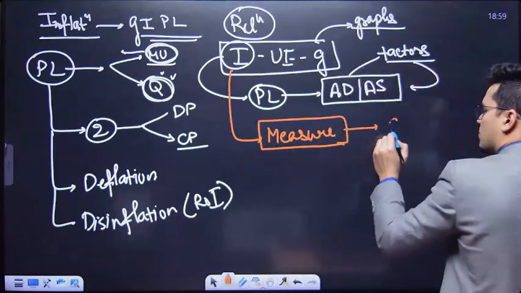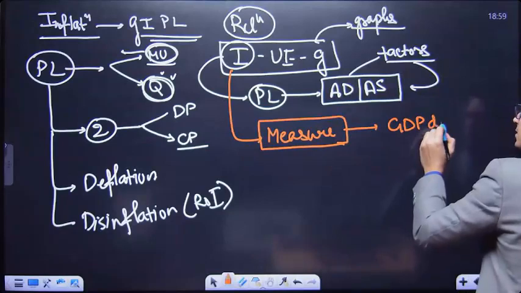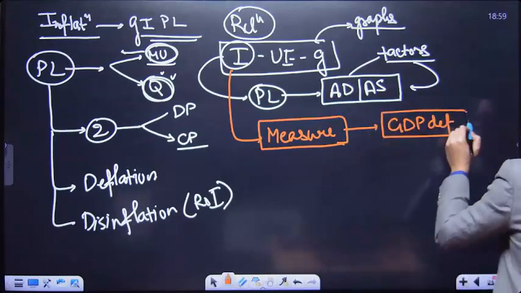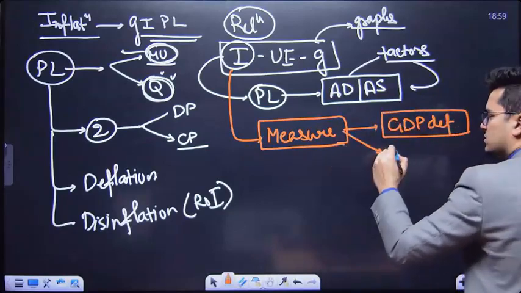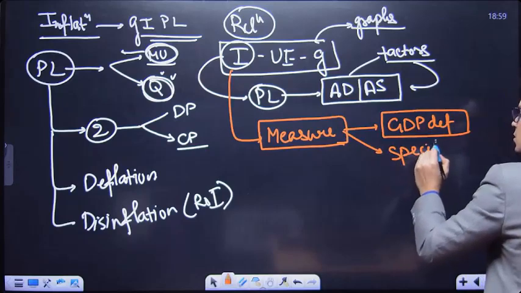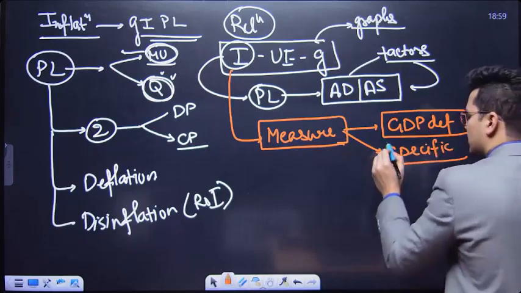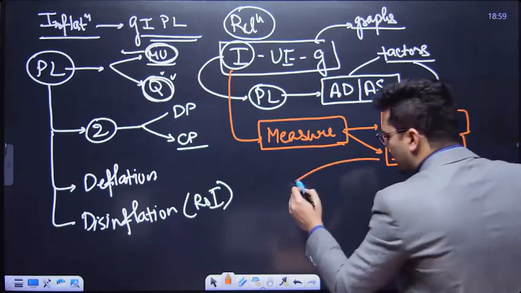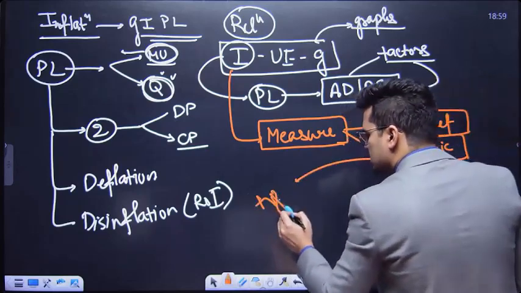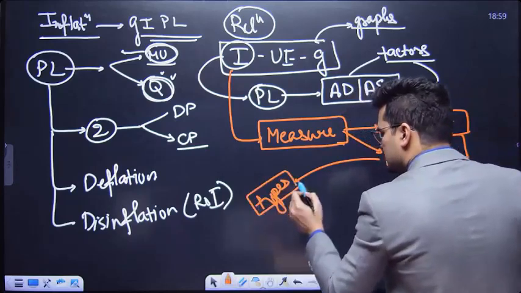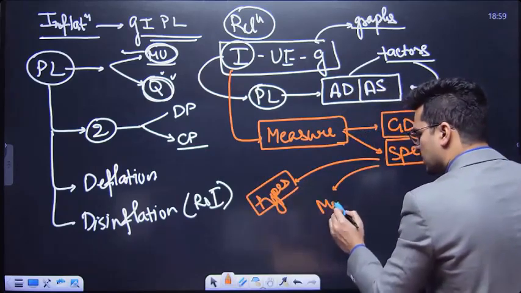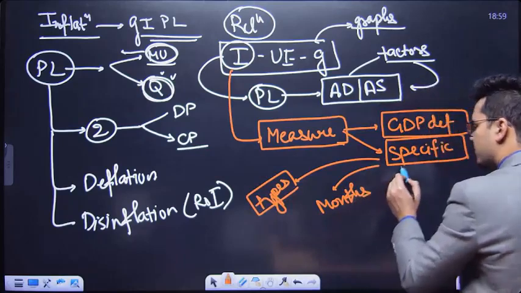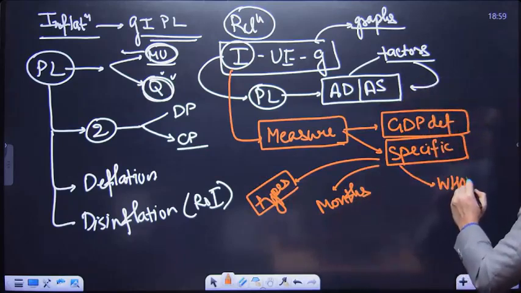When I want to measure inflation, one way is to measure it through a GDP deflator, but it will look at all goods and services. I want to see specific goods and services for various different types of people. The problem here is that there are many different types of consumers. It is different in different months, and it is different at the wholesale level.